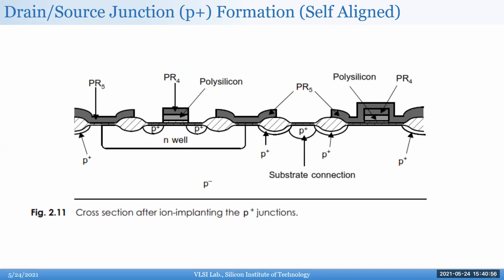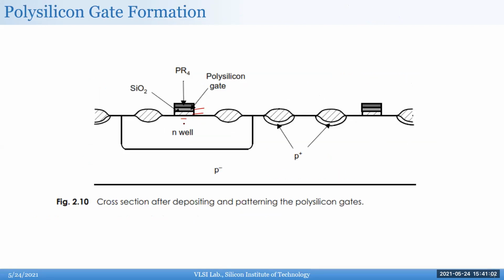After that, you do the source and drain junction, like I said before. For example, your first intuition is to take the mask. So let's take the layout. I drew the diffusion, I drew the gate, right?